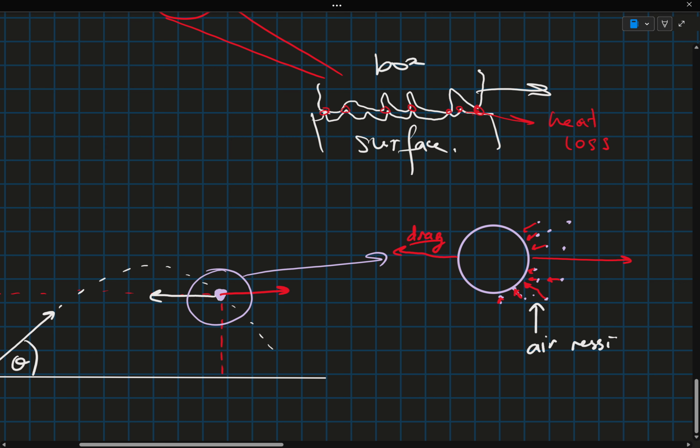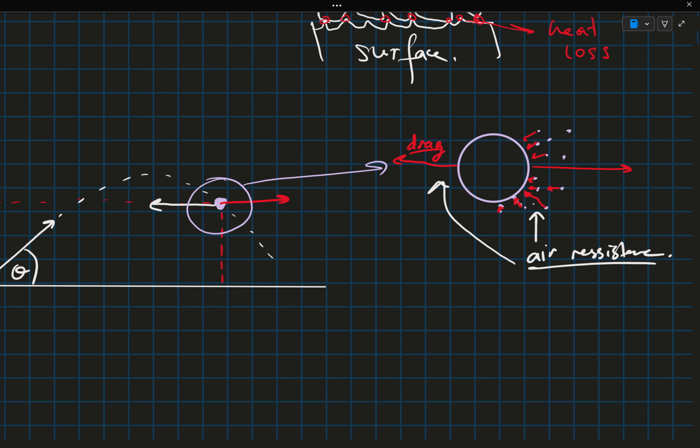So a ball moving through the air is an example of an object moving through a fluid. And due to the resistance of that fluid, because we're speaking about a ball moving through air, that resistance would be air resistance, and that creates a resistive force that we call drag.